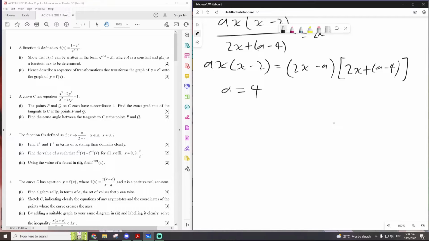Okay, find f 2021 of x. So we have established that f squared of x is f inverse of x, which implies that f cubed of x is actually the identity function.